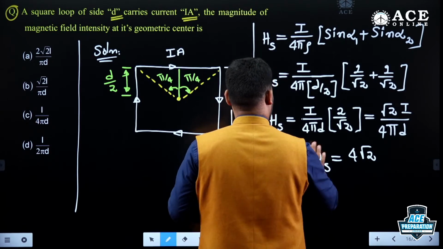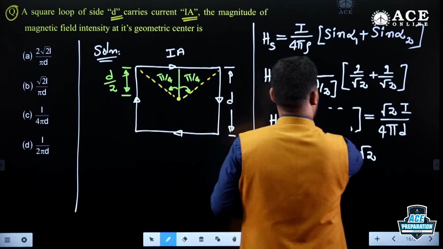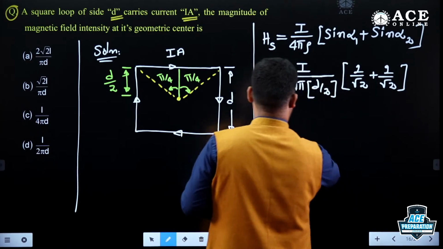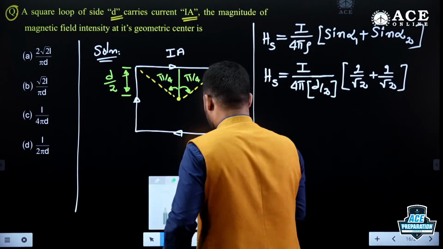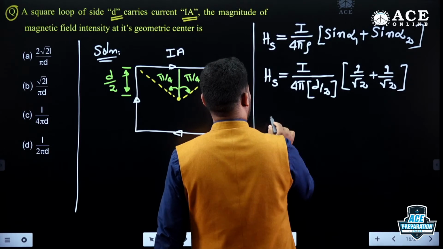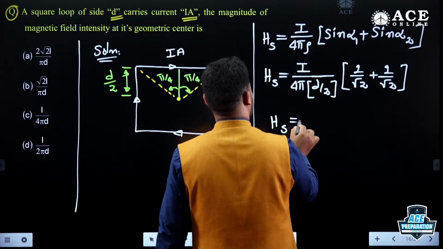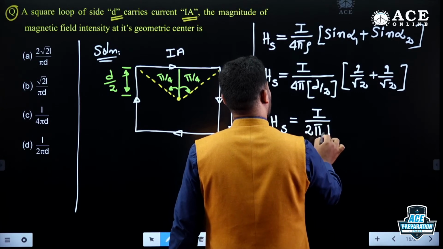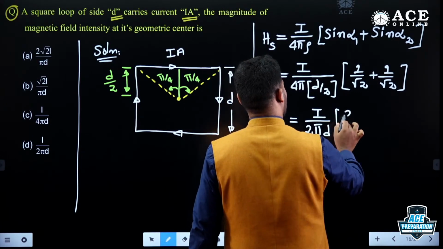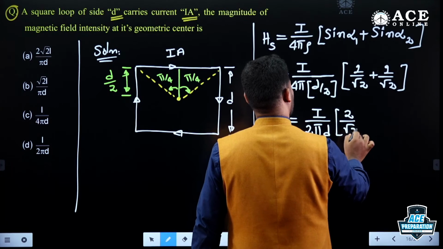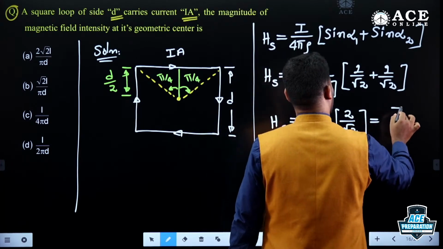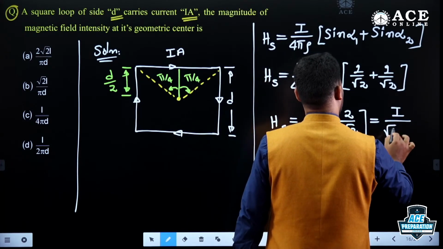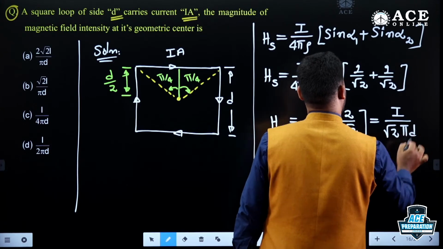Just a second, just a second. Let me correct myself. 2 will cancel out. Hs is equal to I by 2 pi d into 2 by root 2. 2 will cancel out. Here it is I by root 2 into pi d.